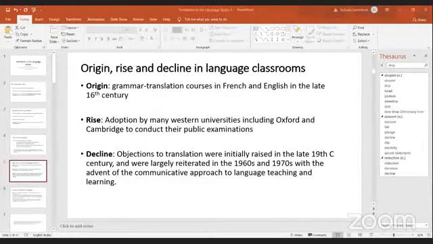Then came a phase of decline. Objections to translation were initially raised in the late 19th century. And they were largely reiterated in the 1960s and 1970s, mostly by researchers who believed in the direct, natural, and communicative methods of language teaching and language learning.